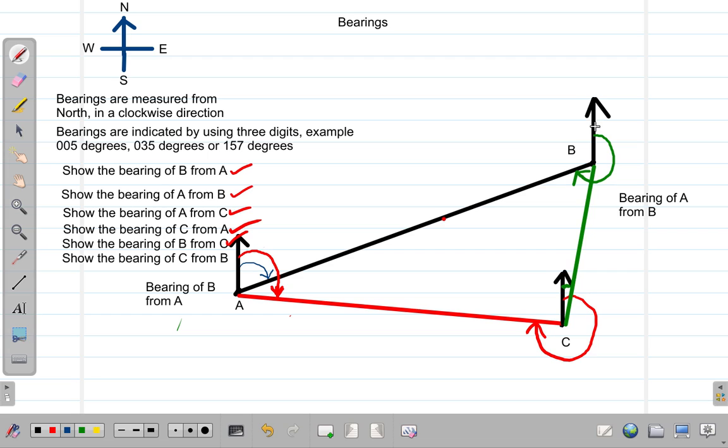And then we draw our bearing angle from that north line in a clockwise direction to meet the line joining C and B. So that is our bearing. So all of them are done now. Alright, so these are all the bearings that we wanted to find.